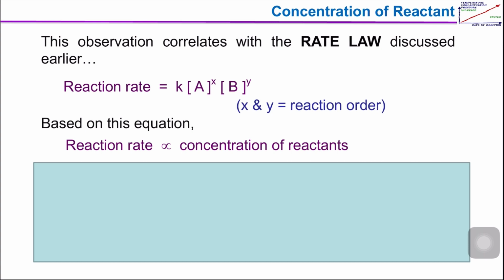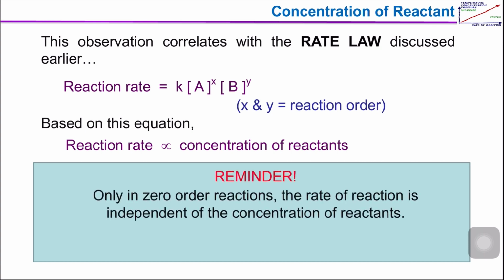So maknanya kalau reactant awak banyak, it means that when you have higher concentration of reactants, reaction rate will be increased. One reminder for you, only zero order reaction sahaja reaction rate dia independent of the concentration of the reactant. So tak kisah kalau awak ubah pun concentration, dia tak akan jadi apa-apa, nilainya hanya sama, constant.